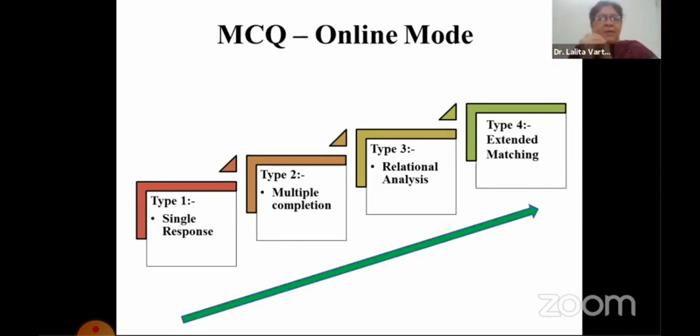So say from type 1, single response, type 2, multiple completion, type 3, relational analysis, and type 4, extended matching. So right from the lowest level to the highest level. Remember one thing, that you can ask MCQs in most of the cases right up to the evaluating level. So from the remembering level to the evaluating level.